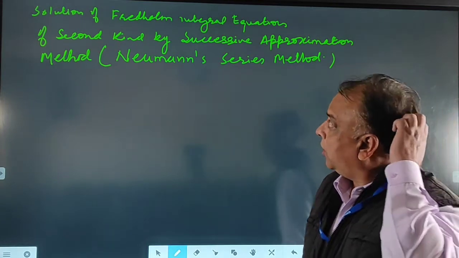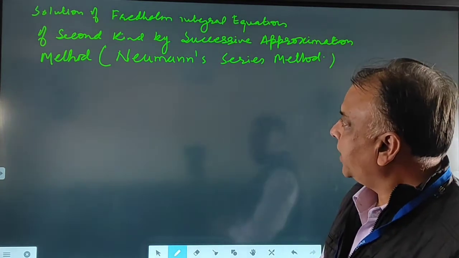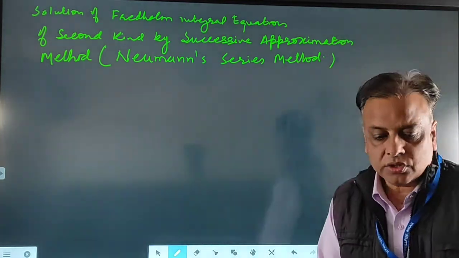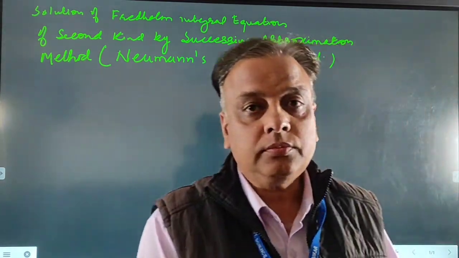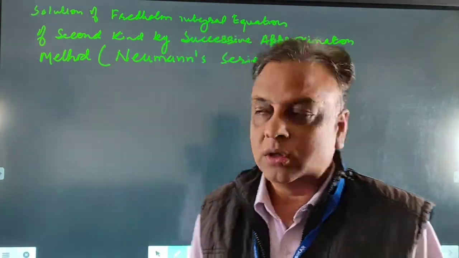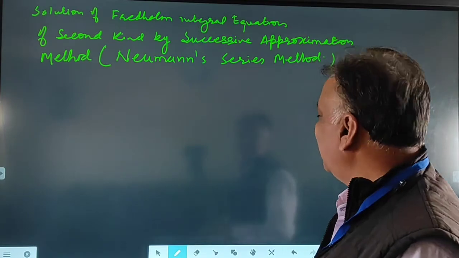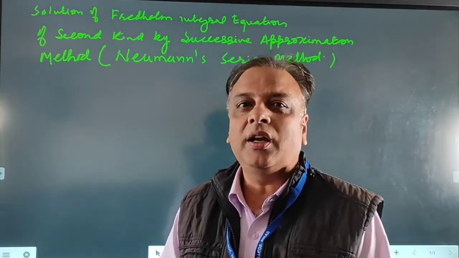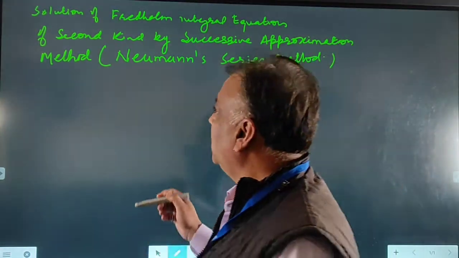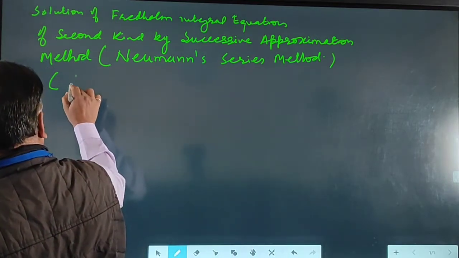The solution of the Fredholm integral equation of second kind by successive approximation method is also known as the Neumann series method. It is an iterative method.